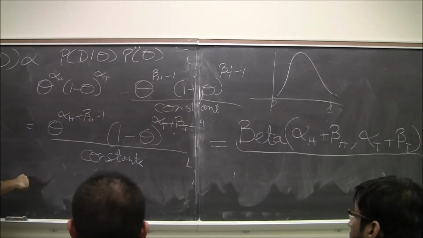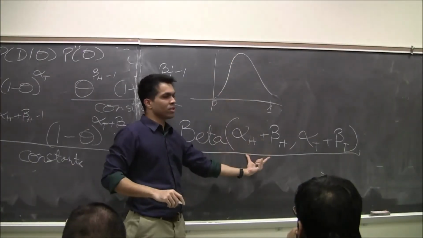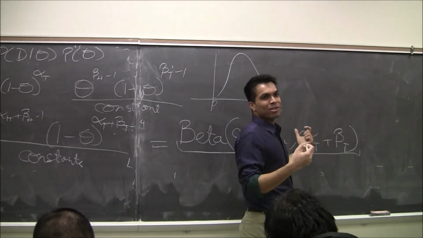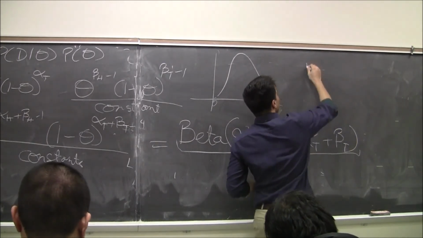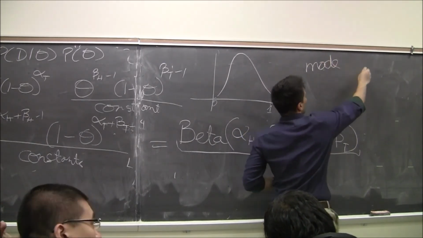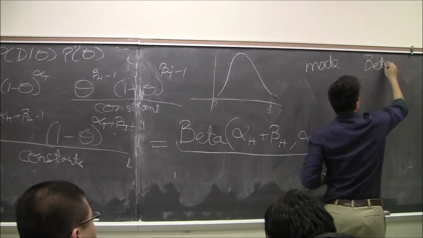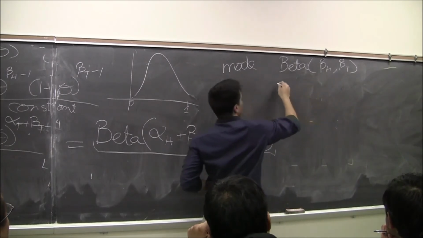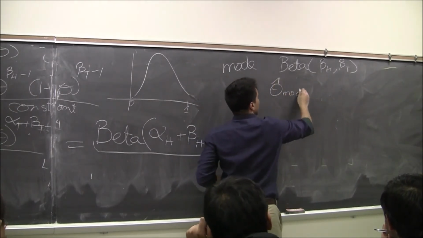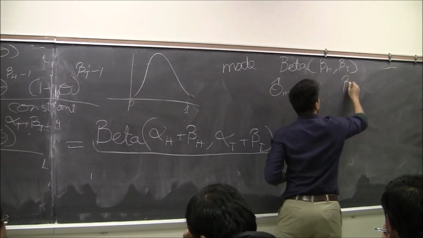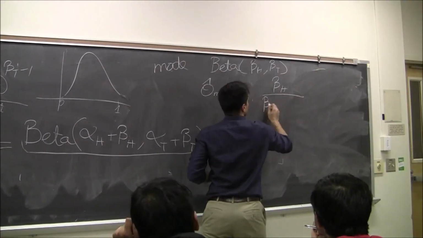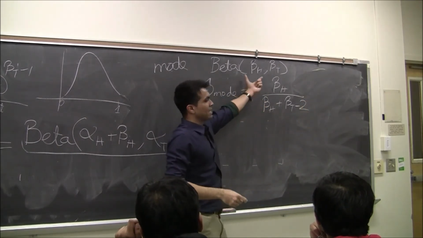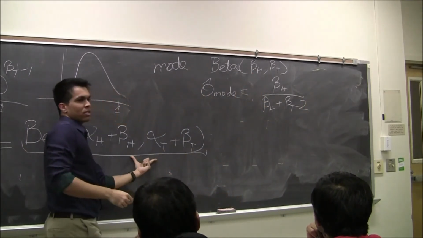What the MAP estimator is asking you to do is to find the mode of this. Some mathematician at some point calculated that and gave us a closed form expression, so we don't have to worry about that. The mode of a beta distribution with parameters beta heads, beta tails lies at beta heads minus 1 divided by beta heads plus beta tails minus 2. We're interested in the mode of this distribution.